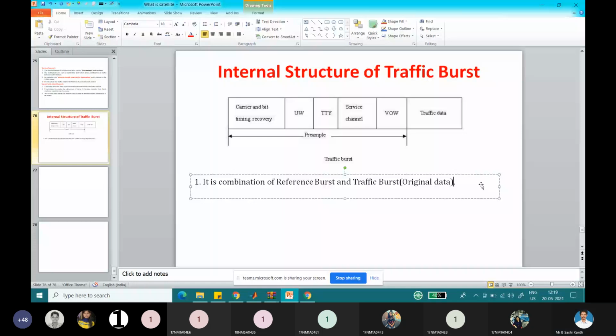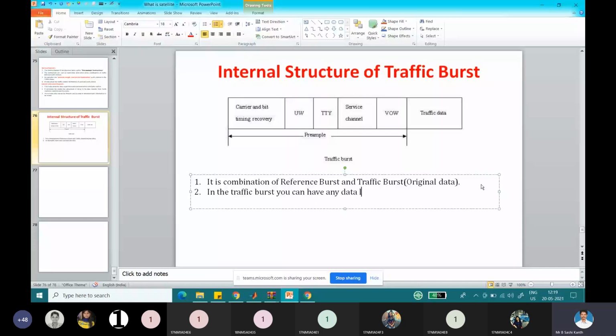In the traffic burst, you can have any data like voice, video, data bits, etc. All these bits, all the information, is divided in terms of blocks. Okay, so this is the internal structure of the traffic burst.